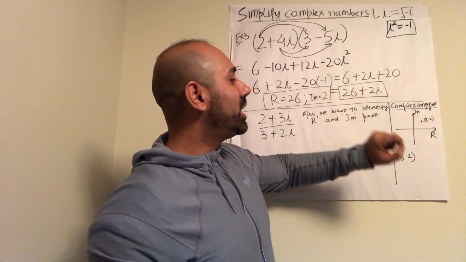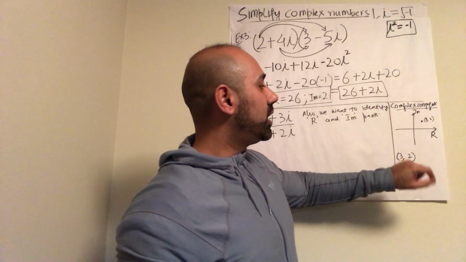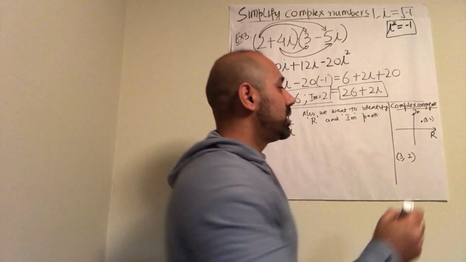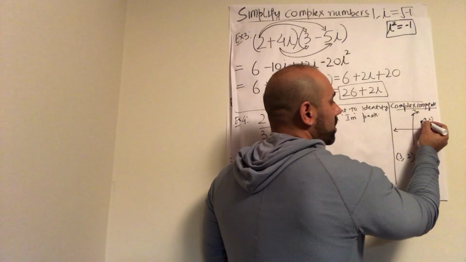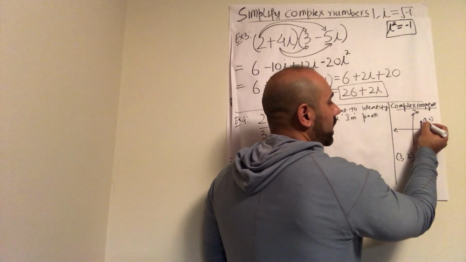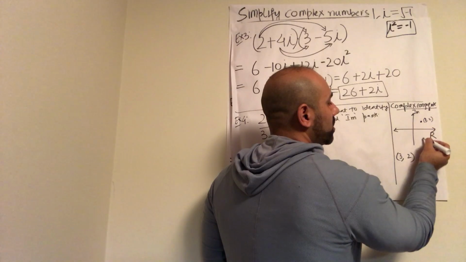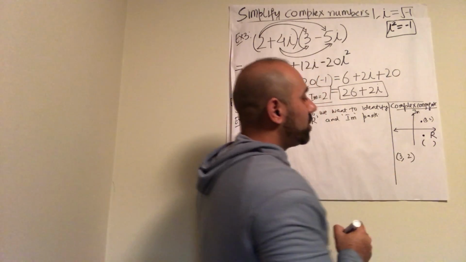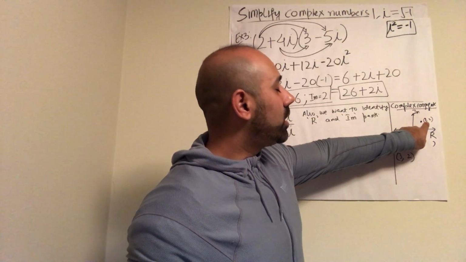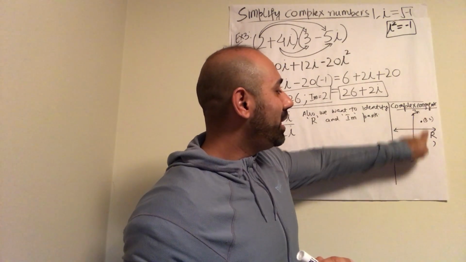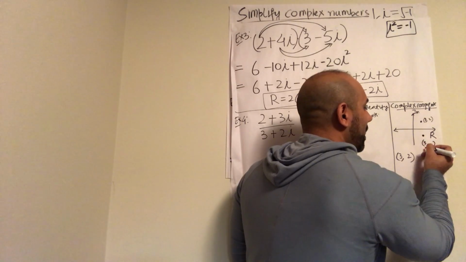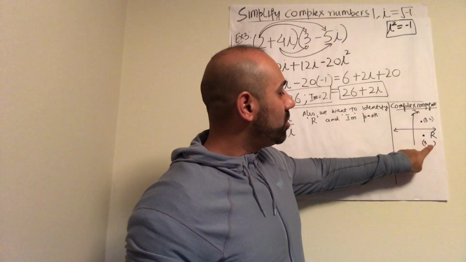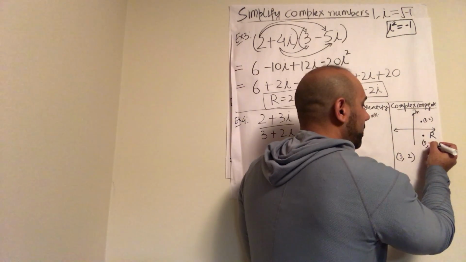A complex conjugate is simply a reflection of this complex number across the real axis. If we draw the reflection of this point across the real axis, it's going to be somewhere down here. What are the coordinates going to be? The real coordinate is still going to be 3, but the imaginary coordinate changes from positive 2 to negative 2.